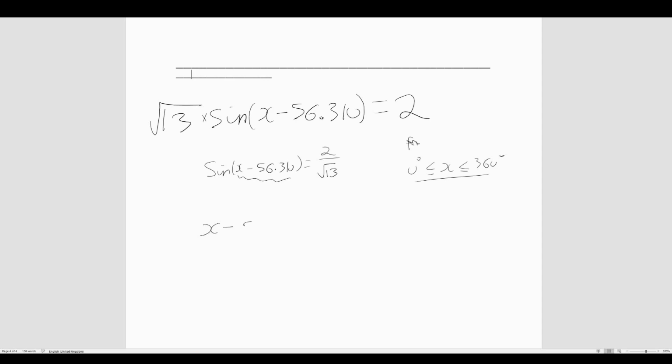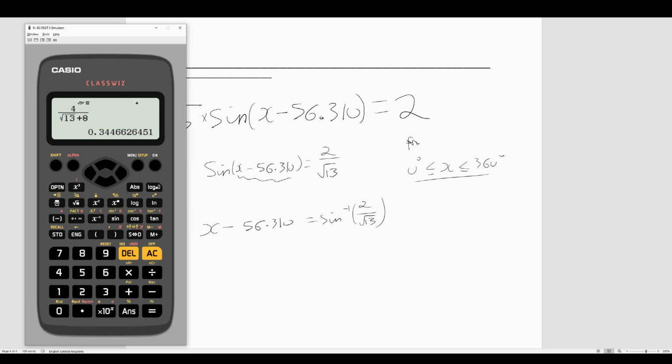So I have x minus 56.310 is equal to inverse sine of 2 over root 13. Right, so making sure that I'm in degrees, shift sine 2 over root 13, I get 33.69.